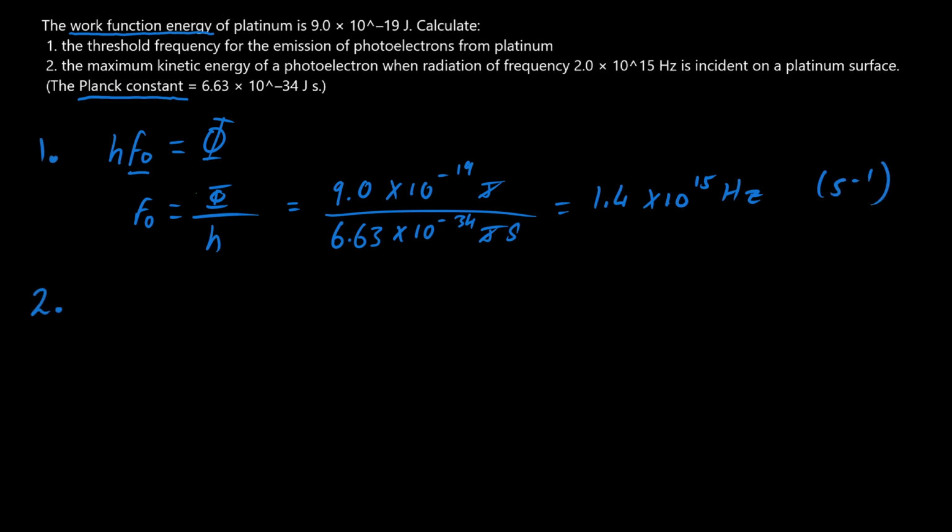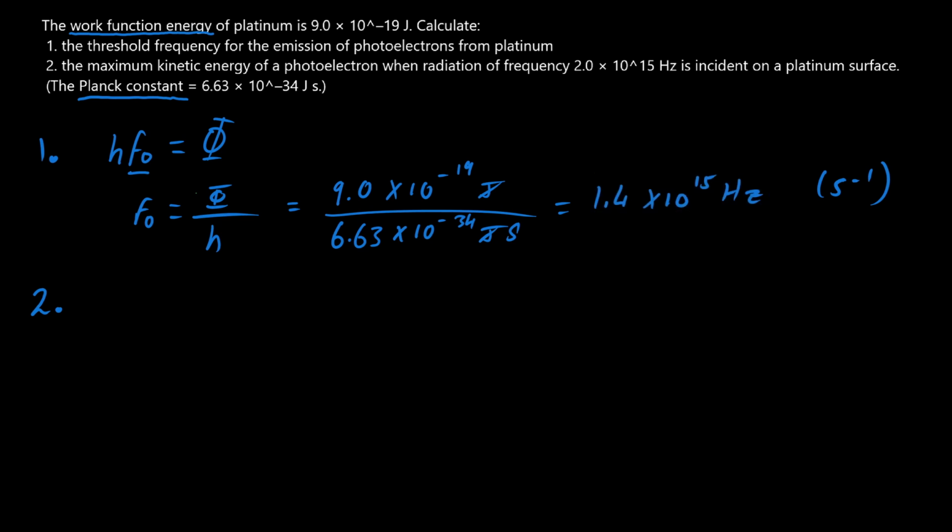So part 2 is asking for the maximum kinetic energy of a photoelectron when radiation of frequency 2.0 times 10 to the 15 hertz is incident on a platinum surface. So we already know that this is the threshold frequency, the minimum frequency to eject an electron, and this electron will have no kinetic energy.